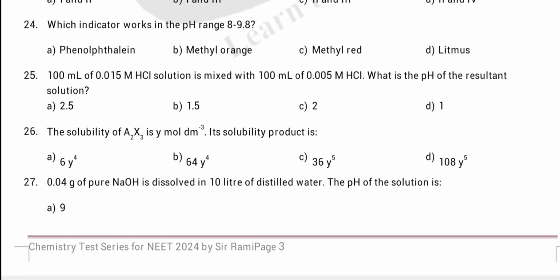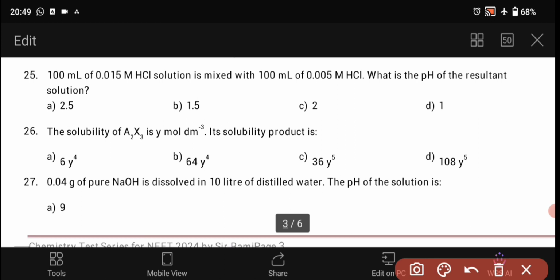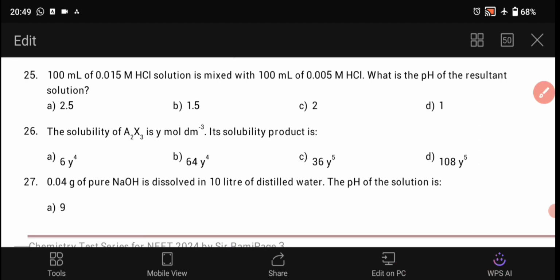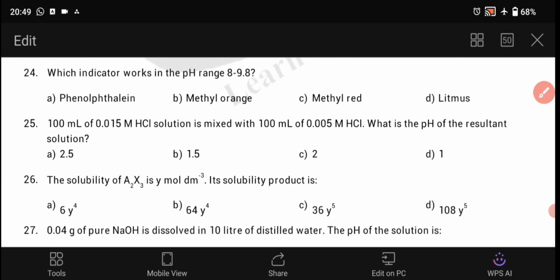Question 24: which indicator works in the pH range of 8 to 9.8? The answer is phenolphthalein. This works in basic medium.